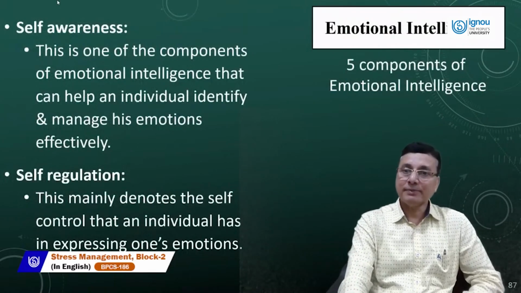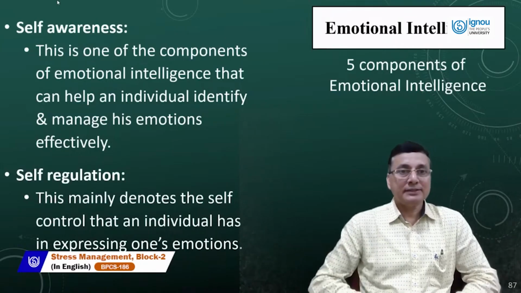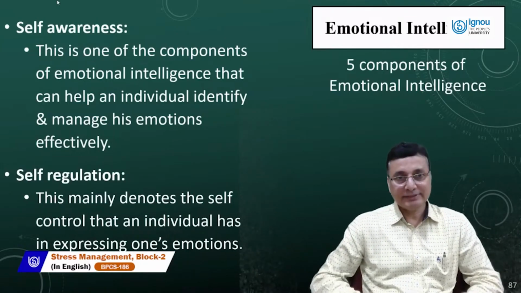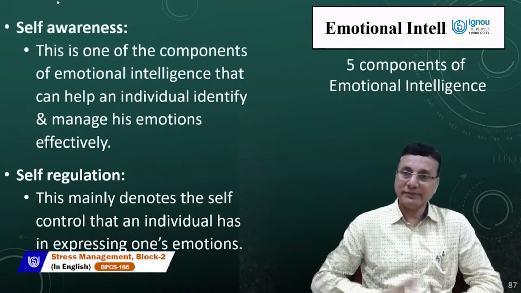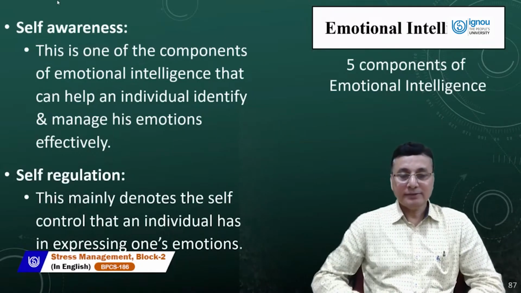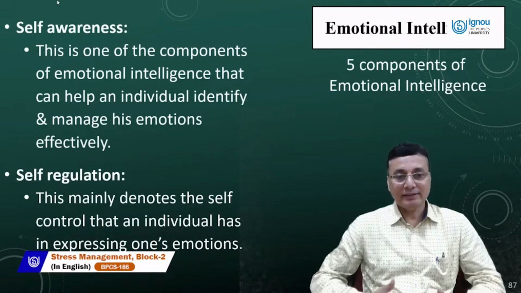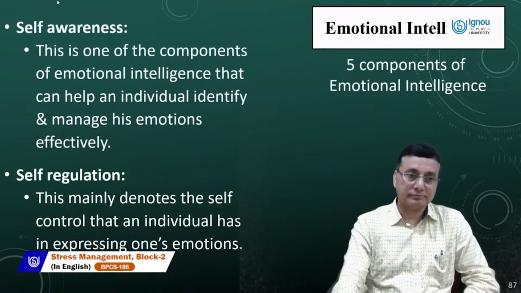So there are five components of emotional intelligence. Self-awareness. This is one of the components of emotional intelligence that can help an individual identify and manage his emotions effectively. Self-regulation. This mainly denotes the self-control that an individual has in expressing one's emotions.